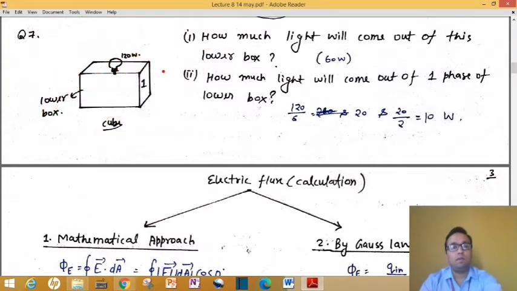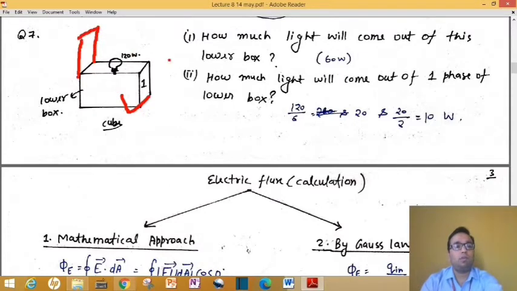How much light will come out of this lower box? Your answer will be that you can't answer directly. For that you will say that this box is not a symmetric figure, meaning this is not your Gaussian surface. So you have to complete this surface. How will you complete it? Tell me.